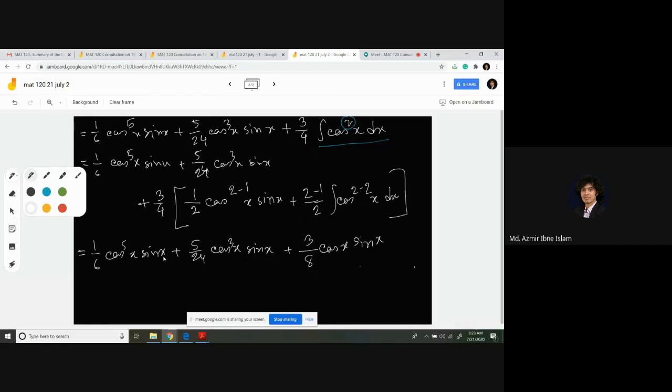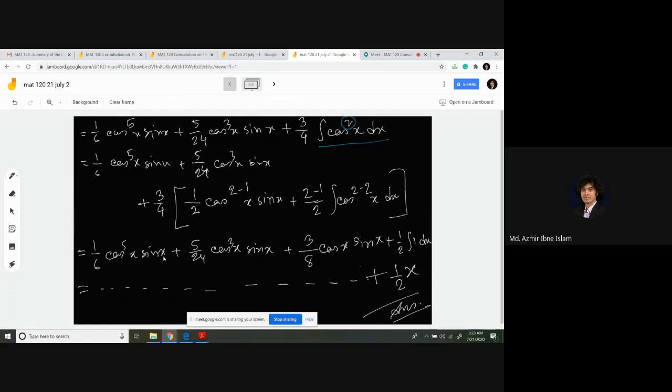So 1/2 the integral of 1 dx. Finally, plus 1/2, and now the integral of 1 with respect to x, you know, is x. So finally it is our required answer.